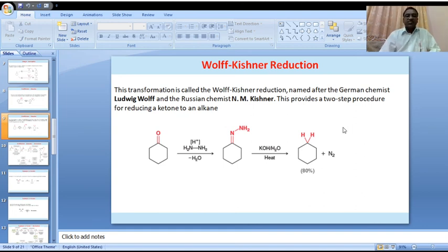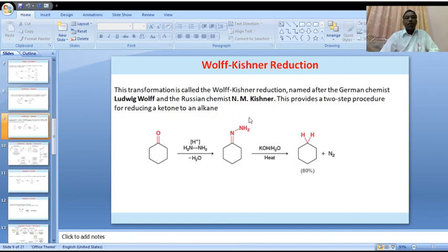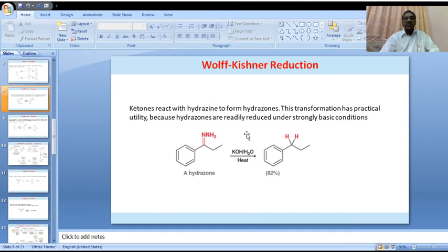Here please observe. A carbonyl compound on reaction with hydrazine in presence of acid, as discussed in the last slide, gives a hydrazone.